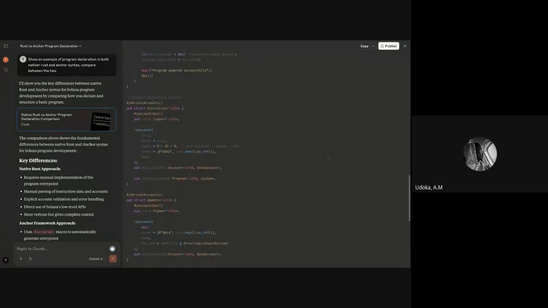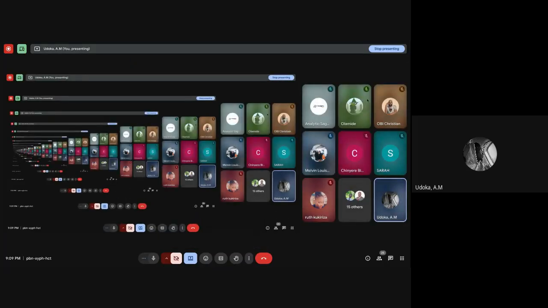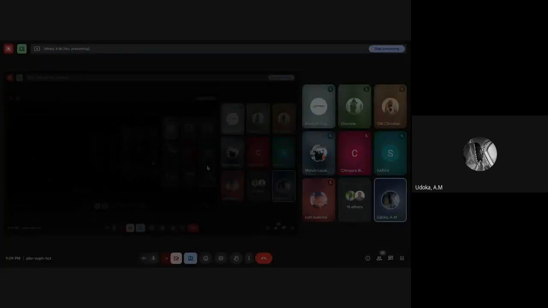Let me quickly open my codebase. At this point I'll need to share the entirety of my screen so that we can see it. I need to stop sharing this one now. Present something else, present entire screen.